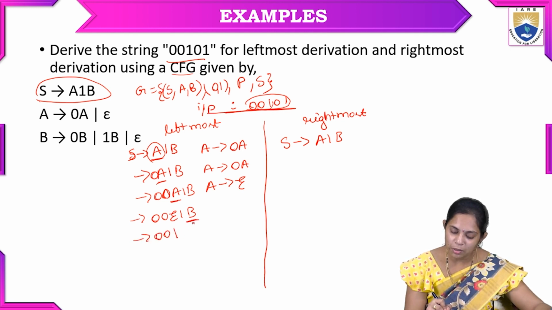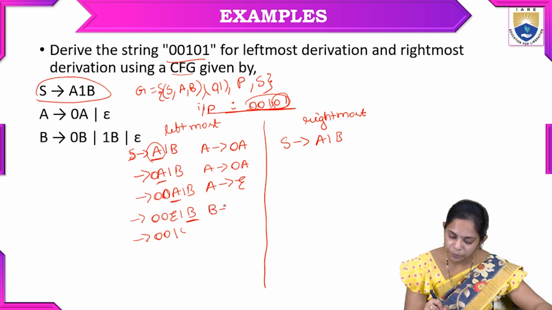So this is the non-terminal left. So what is the input string? We have 0, 1 we require. So for this one, we will write B tends to 0B.